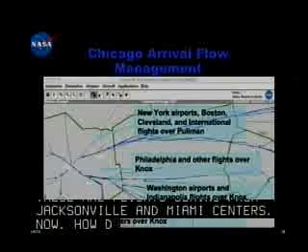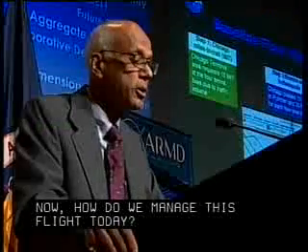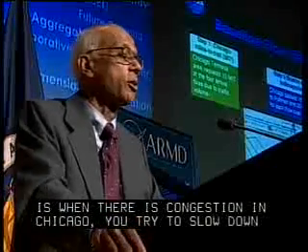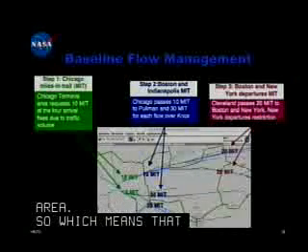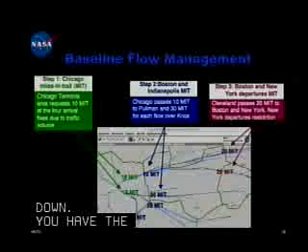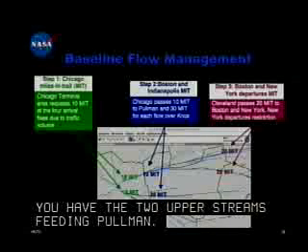Now, how do we manage this flow today? Next view graph, please. So the standard operation today is, when there is congestion in Chicago, you try to slow down the planes coming to the Chicago area. Which means that the two upper streams feeding Pullman would be slowed down from 10 to 20.